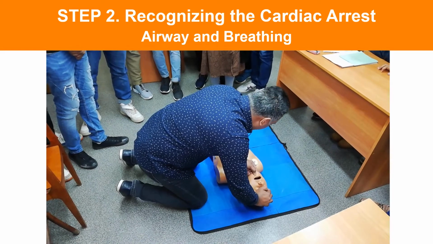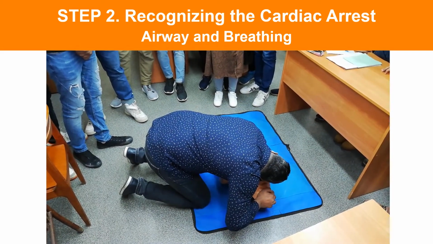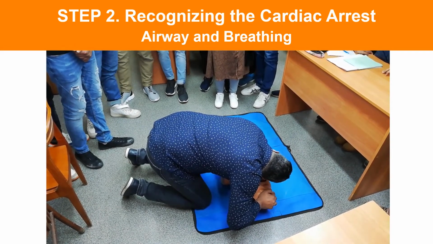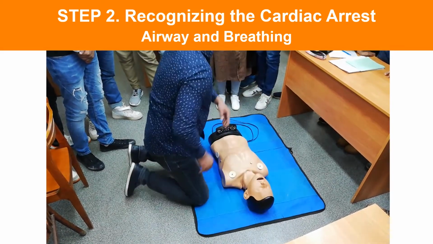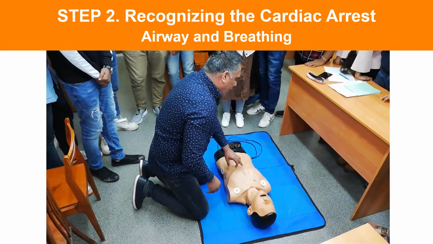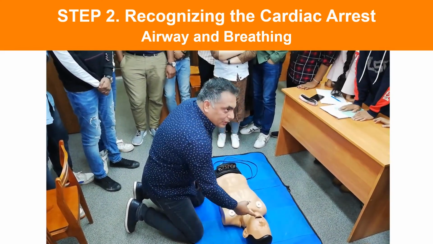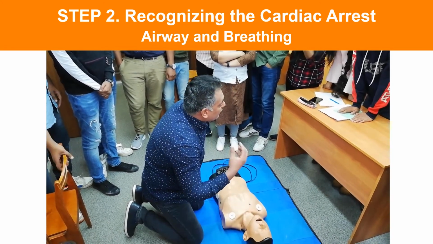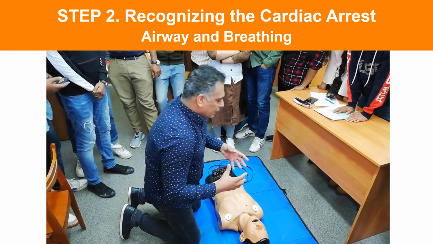Look, listen and feel the breathing. 1, 2, 3, 4, 5, 6, 7, 8, 9, 10. So I checked the breathing for 10 seconds. I observed the chest movement, listened for air coming from the mouth or nose, and felt the air. So look, listen and feel for 10 seconds for breathing.